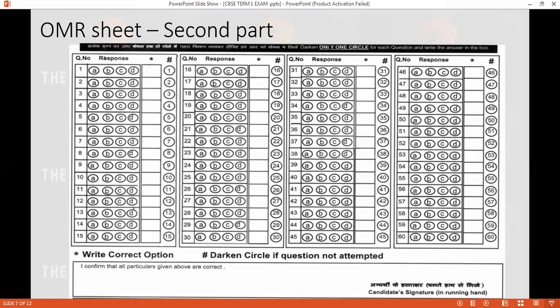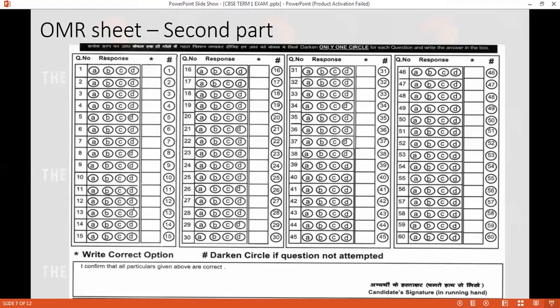It is very clearly mentioned that in the boxes in the column which is marked with a star, you are supposed to write down whichever correct option you have selected. And the other column, which has a hashtag, will be used to darken the circle if a particular question is not attempted.